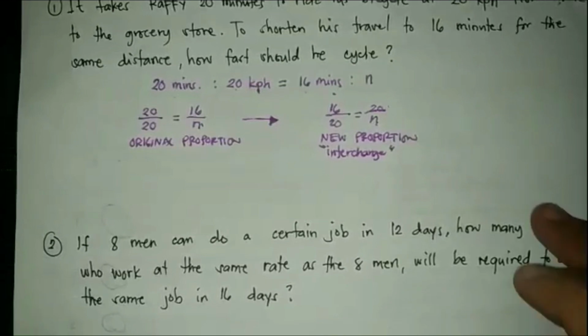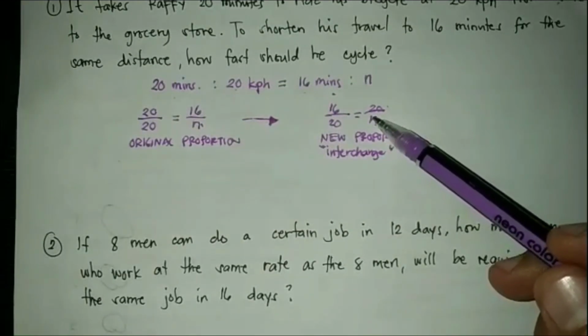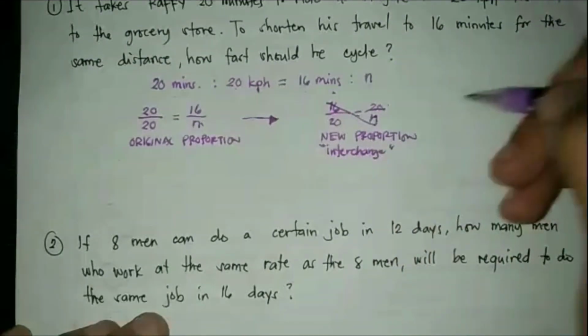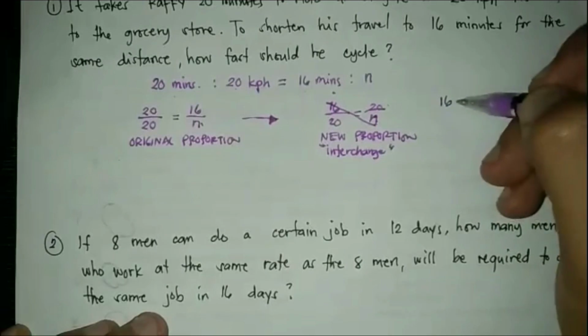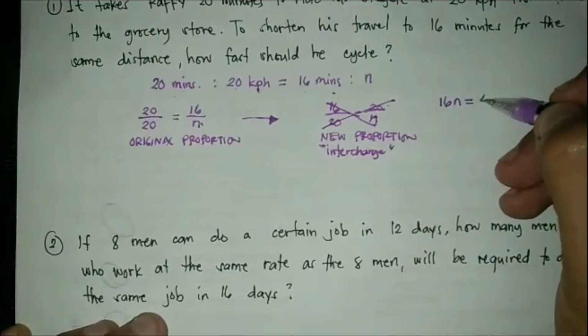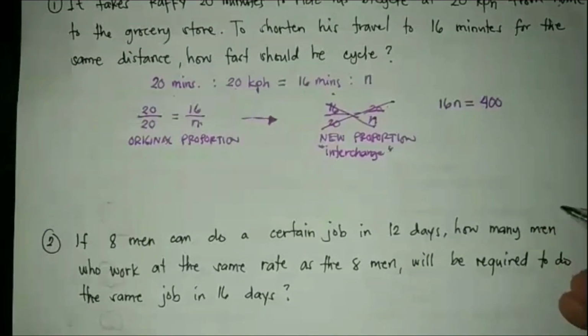So pag ganito na, i-apply na natin yung cross multiplication. 16 times n, so magiging 16n equals 20 times 20, magiging 400. Okay, so solve natin.